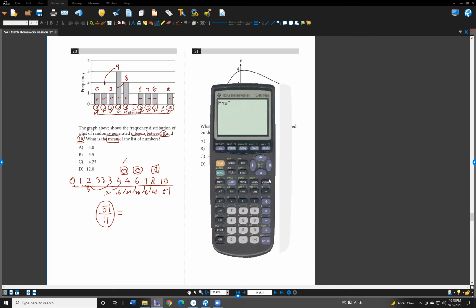Well, this is not correct. 51 divided by 9 is 5.6, so that is not right, because there are 11 numbers between 0 and 10. 51 divided by 11, that is true, 4.63.